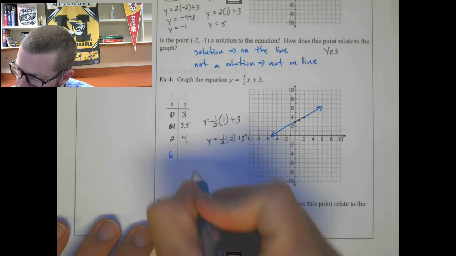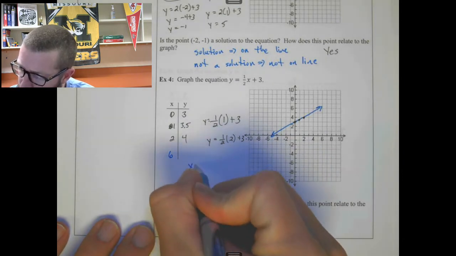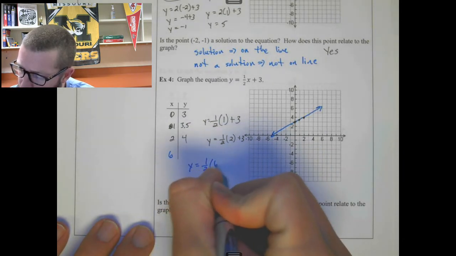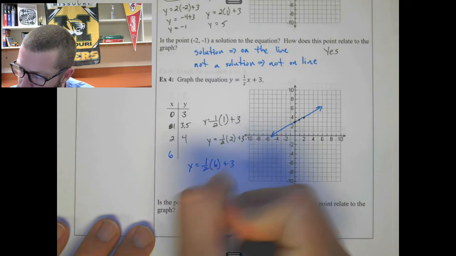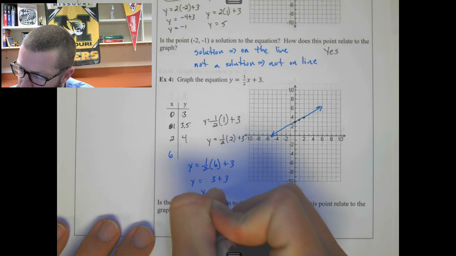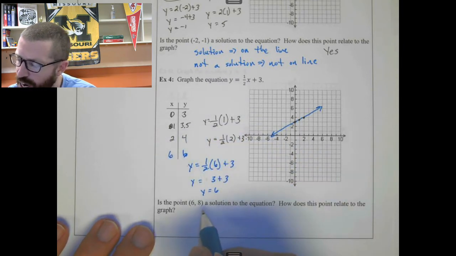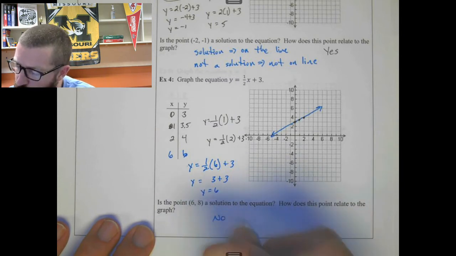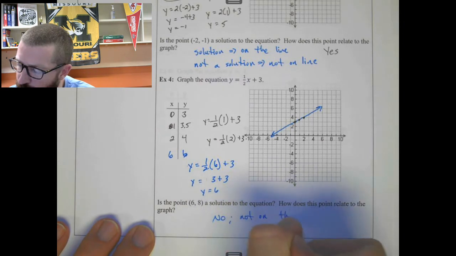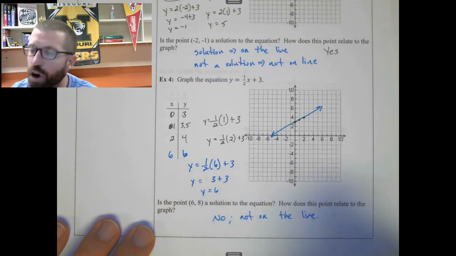So 6, put that on your x-y table, and then just see what you get. And you get y is equal to 3 plus 3, which is 6. And so when I plug in 6, I get 6. So 6, 8 is not a solution. So just no. And that means it is not on the line. All solutions are on the line.